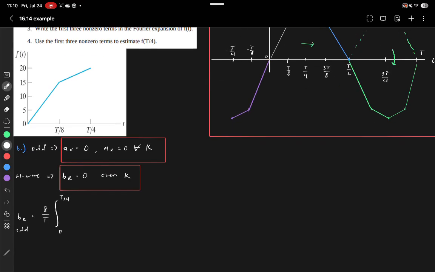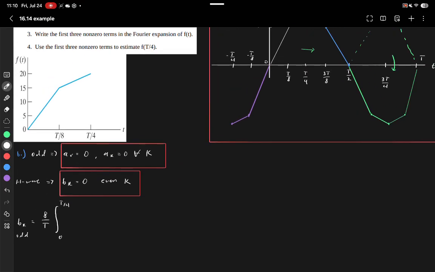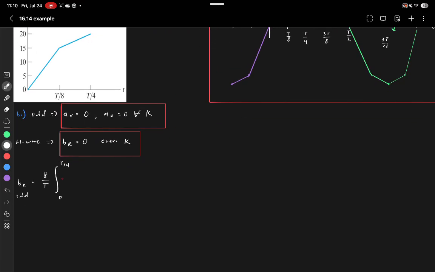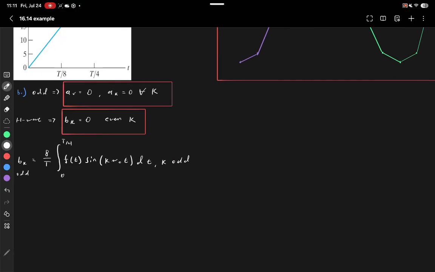The rest of it's kind of just based off the properties that we already established. So we have our function times sine of k omega naught t, and then, of course, what we're actually integrating for. And then just so that we know, this is going to be for our odd k's, k odd.